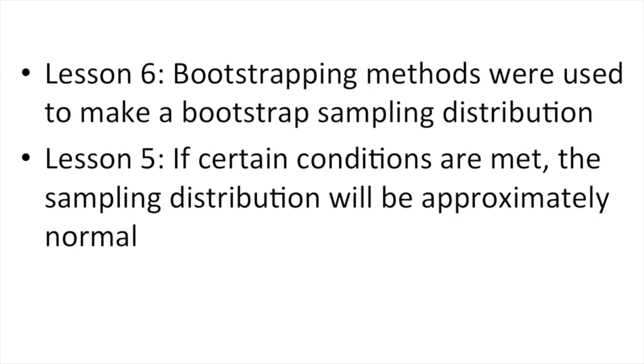For means, if the population is normally distributed, or if the sample size is at least 30, then the distribution of sample means will be approximately normal with a mean of mu and a standard deviation of sigma divided by the square root of n. We're going to see these formulas again this week.